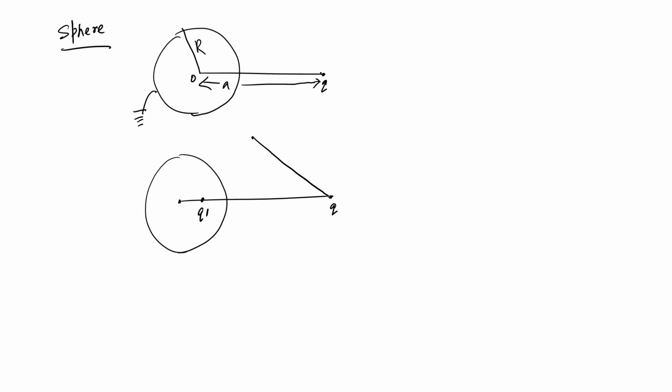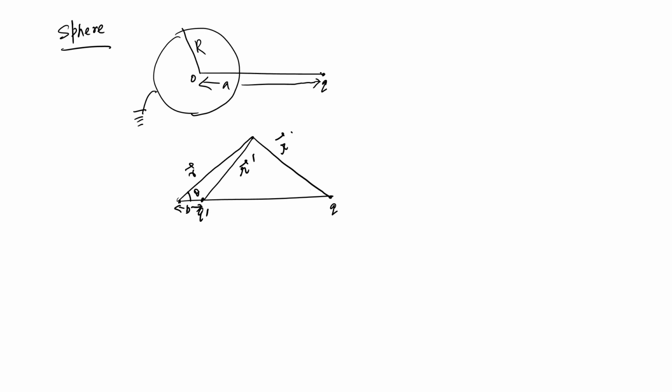Let us call this distance b and this distance r, and this angle is theta, this is r prime, this is r, and I remove the sphere completely. The sphere was drawn as a reference for me to know where this q prime is located.